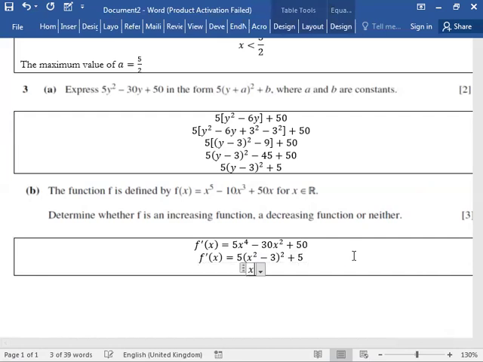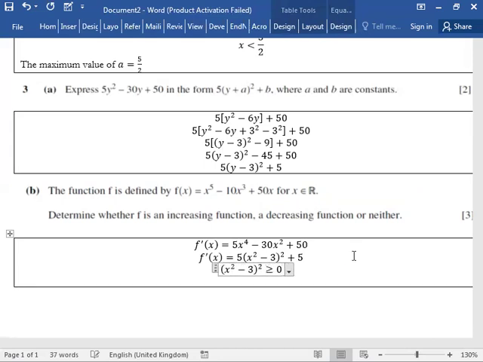So I can say that the square part, x square minus 3 whole square, is greater than or equal to 0. Is that right? The derivative f'(x) is greater than or equal to 5. The derivative is always 5 or greater than 5. That means the gradient is 5 or greater, so the gradient is always positive.